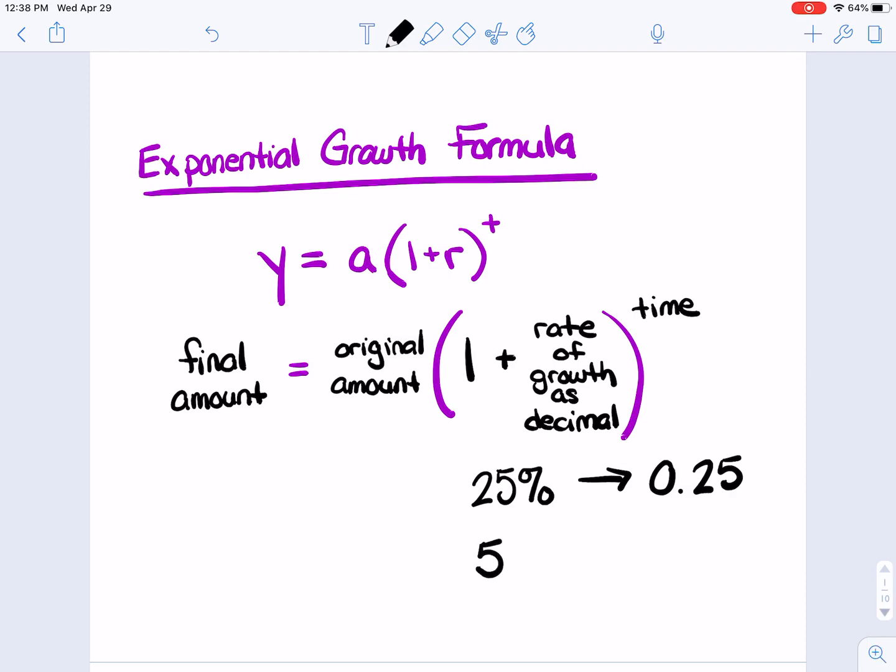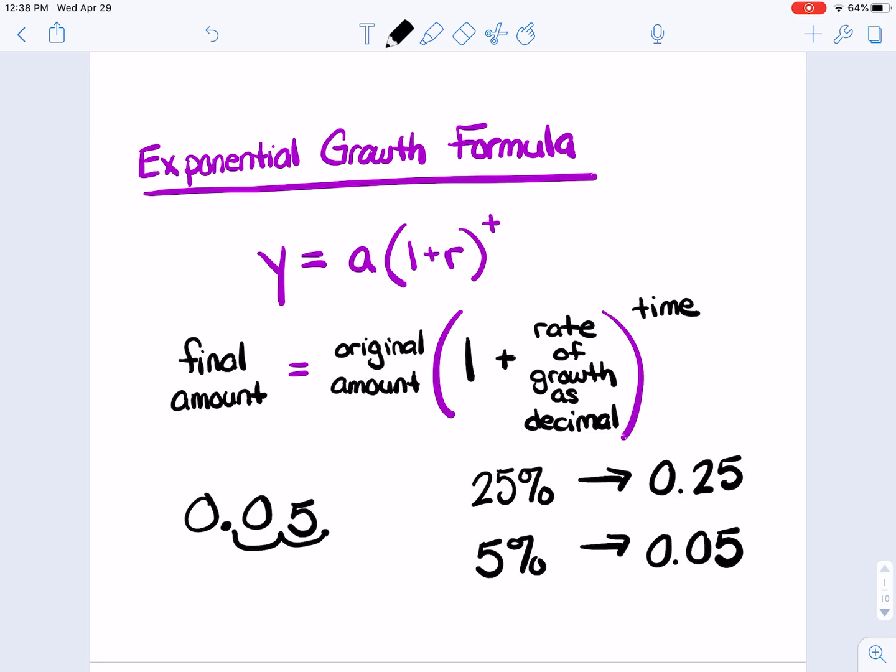If it was a 5% increase, that is going to transform into 0.05. Remember that you take your value, with the decimal place being here, and you move it over 2 decimal places. Fill in any holes with zeros, and then you have the decimal form of that percent.